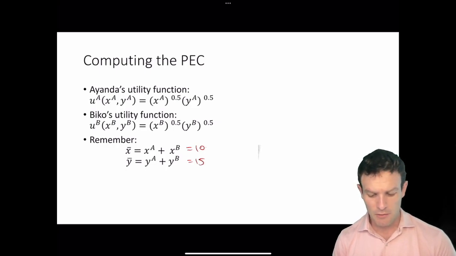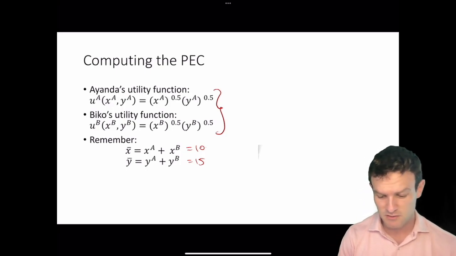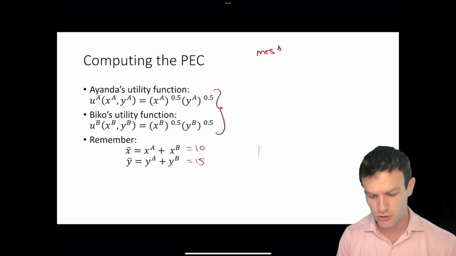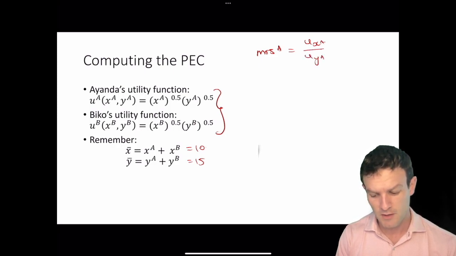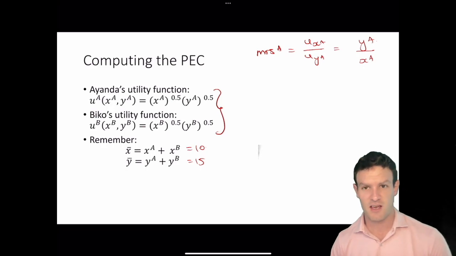Okay, now another thing to remember is that if this is Ayanda's utility function and this other one is Biko's utility function, what does that mean? It means that Ayanda's marginal rate of substitution, equal to her marginal utility of x over her marginal utility of y, is going to equal the ratio of the goods ya over xa.